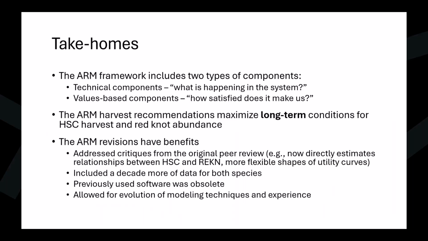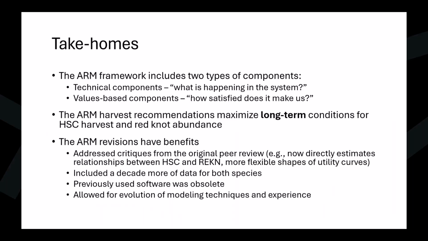And there are some benefits, we think, from this revision that we went through in 2021. It addressed some critiques of the original peer review, including directly estimating relationships between horseshoe crabs and red knots. There's more flexibility in the utility curves, and there are some other points there as well. A major difference was there's just a lot more data available in 2021 than there was in the development of the original ARM.